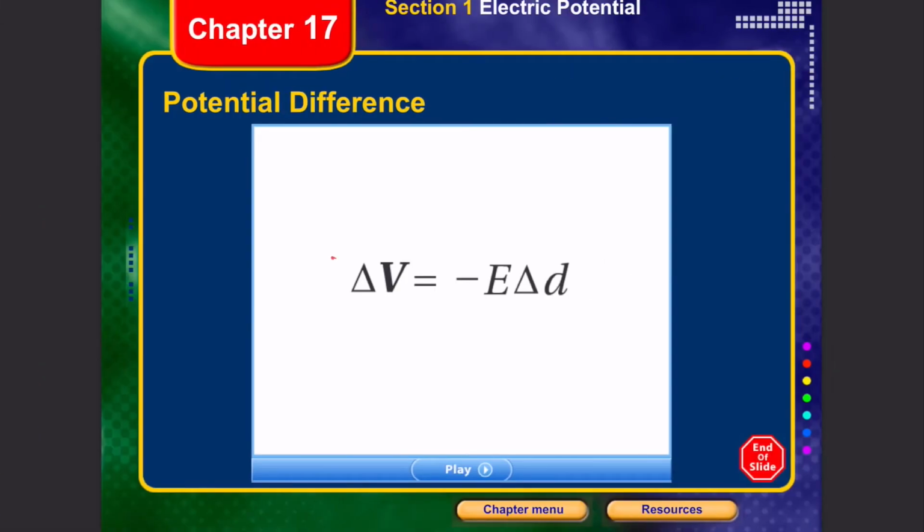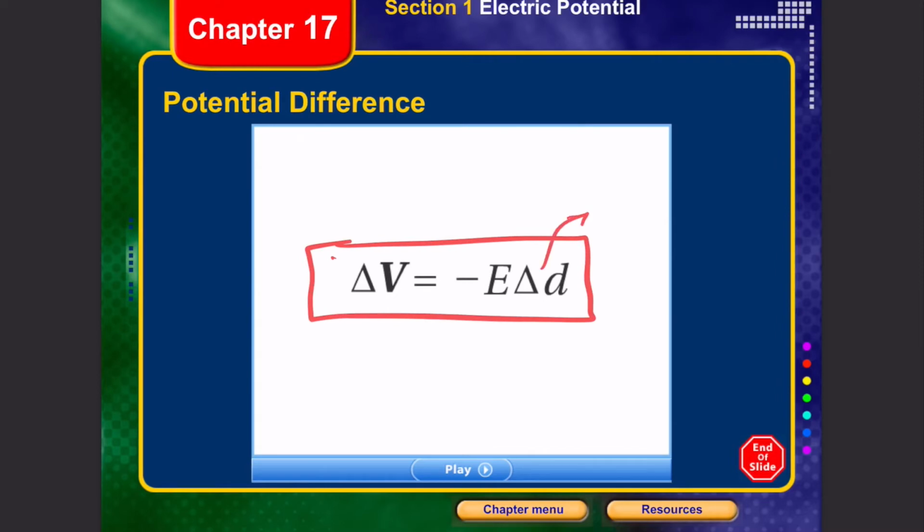Potential difference can also be written as delta V equals minus E times delta D. Delta D here represents the distance between the 2 points A and B.